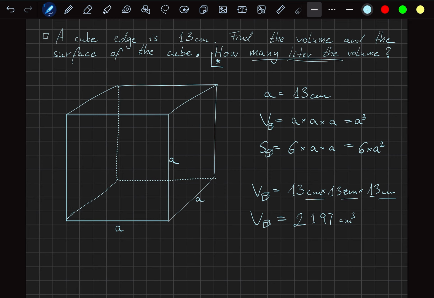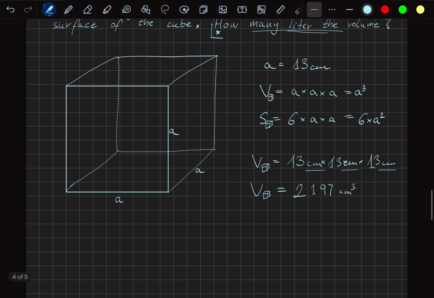Okay, so let's talk about how we can change this 2197 centimeter cube into liters. It's also physics, and there is a rule.